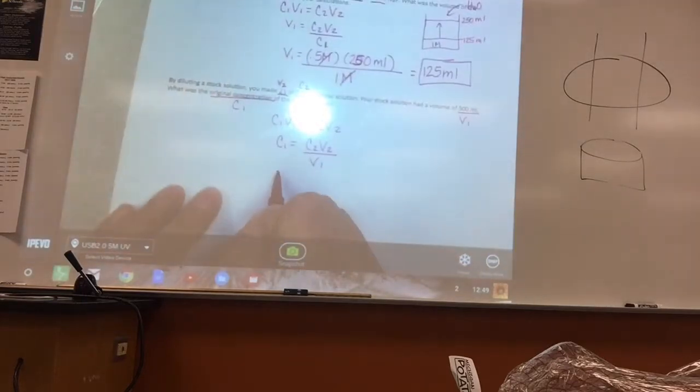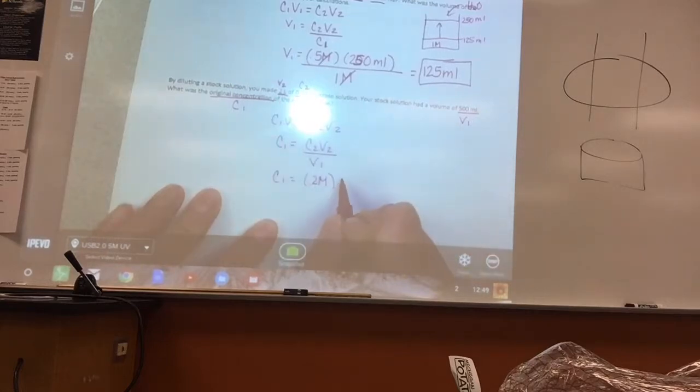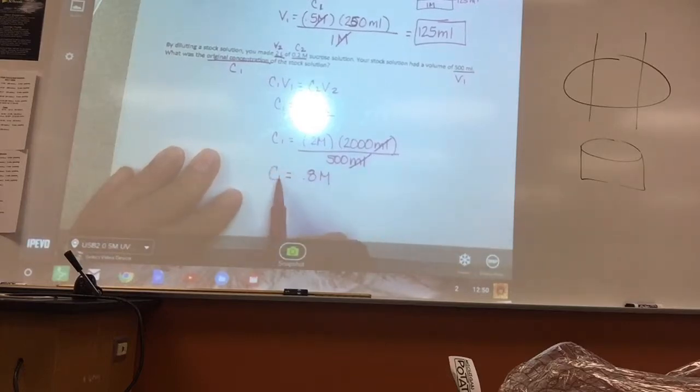Now my numbers: C1 equals C2, which is a 0.2 molar solution, times V2, which is 2 liters, so I'm going to change that to 2,000 milliliters so my units cancel out, divided by my V1, which is 500 milliliters. Notice here, milliliters cancel out, so I'm going to end up with molarity as my units. So you multiply 2,000 by 0.2 divided by 500, and at the end, you should have a 0.8 molar solution. Alright, and that is your original concentration.